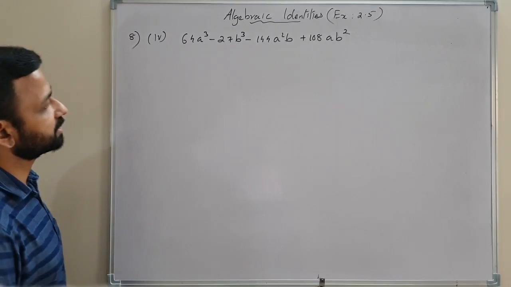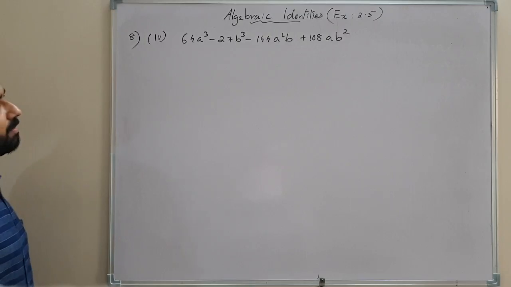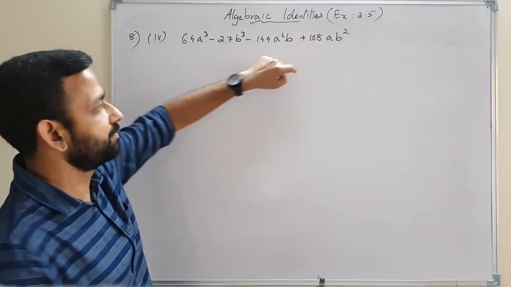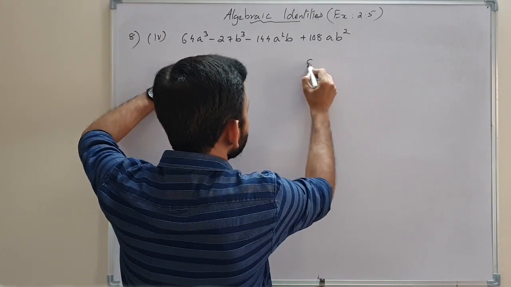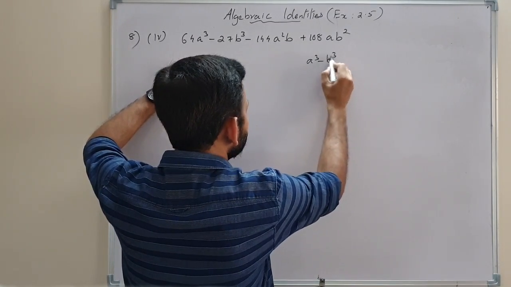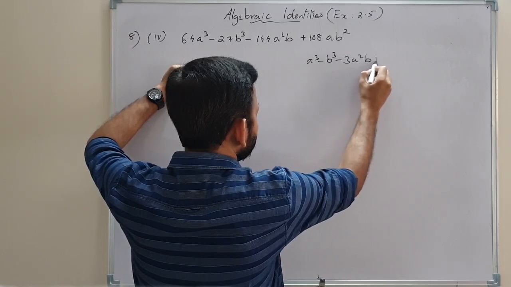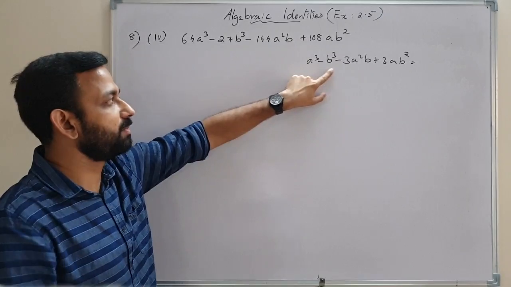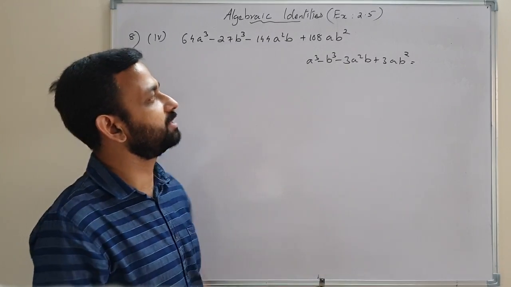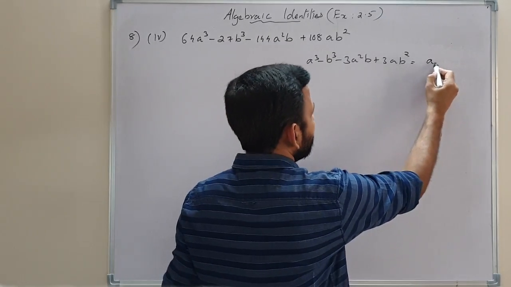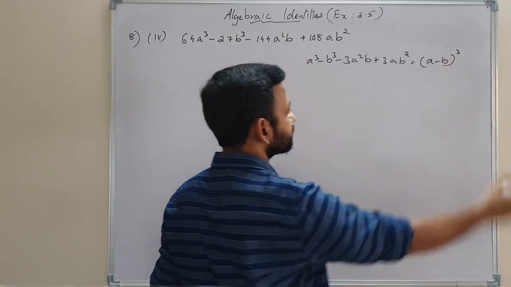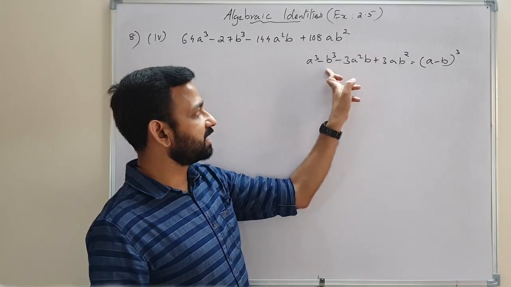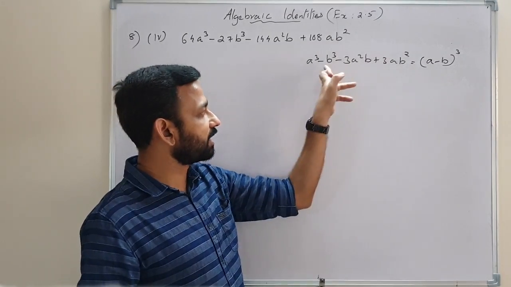We need to reduce this into the form a cube minus b cube minus 3a square b plus 3ab square. The identity: (a minus b) whole cube equals a cube minus 3a square b plus 3ab square minus b cube.